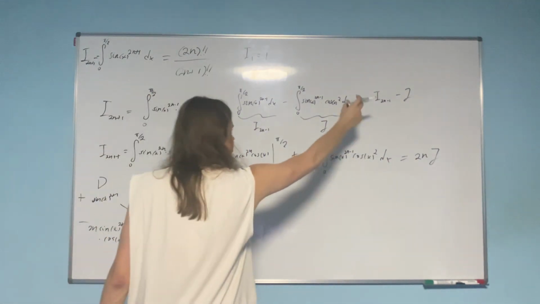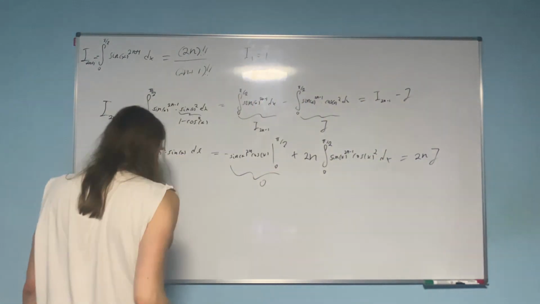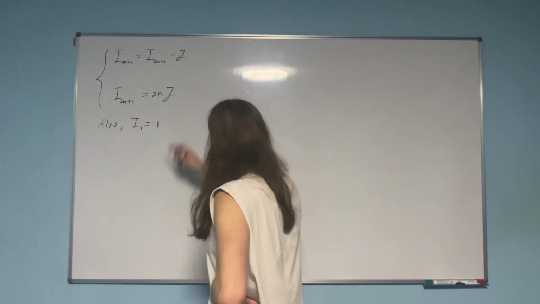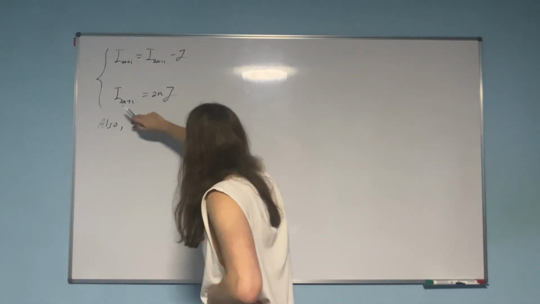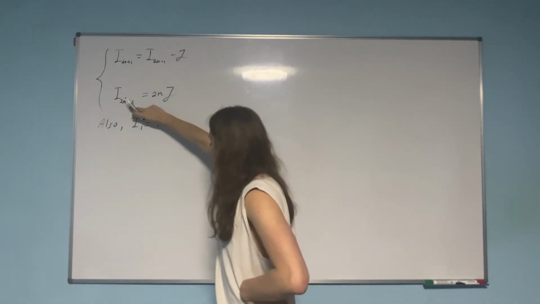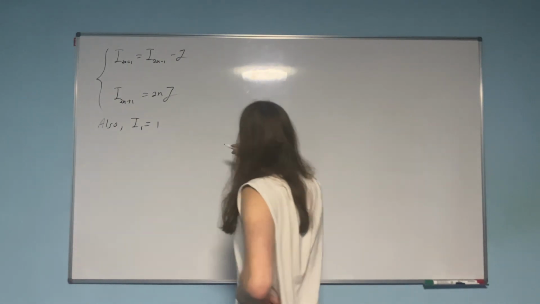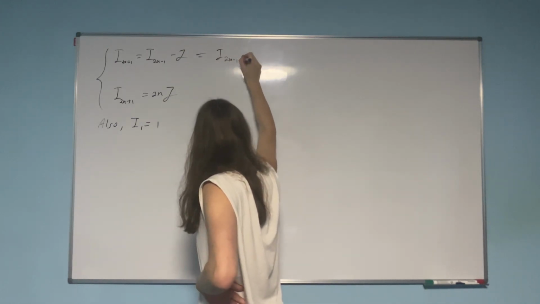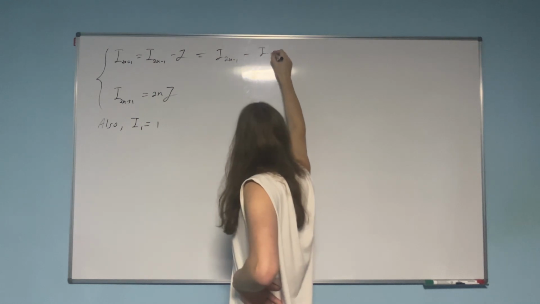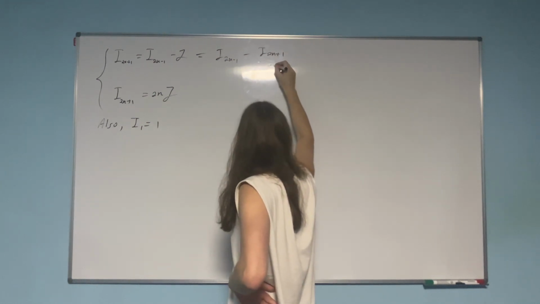And these two equations are enough to get this. So to solve this, I'm just going to express J as I 2n plus 1 over 2n. So this would give me I 2n minus 1 minus I 2n plus 1 over 2n.